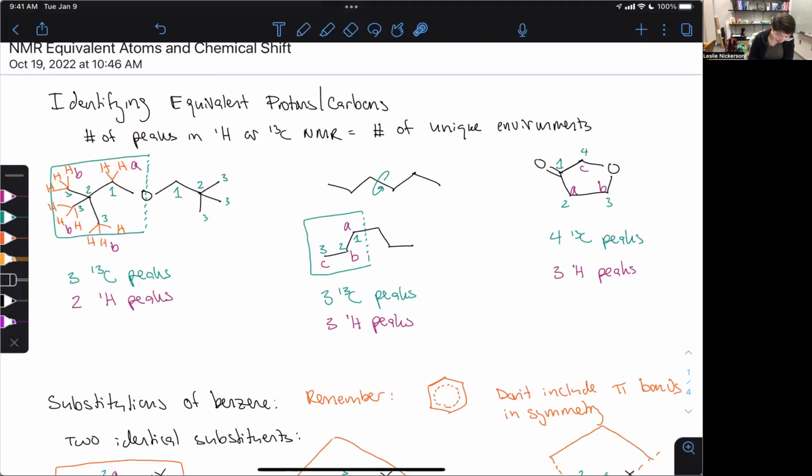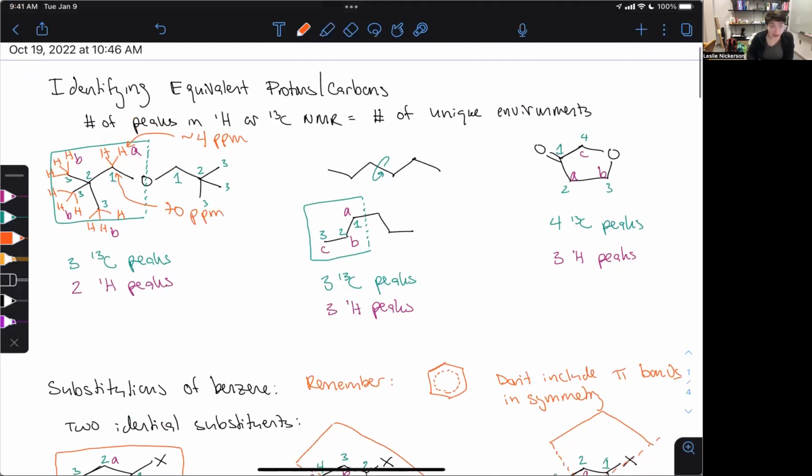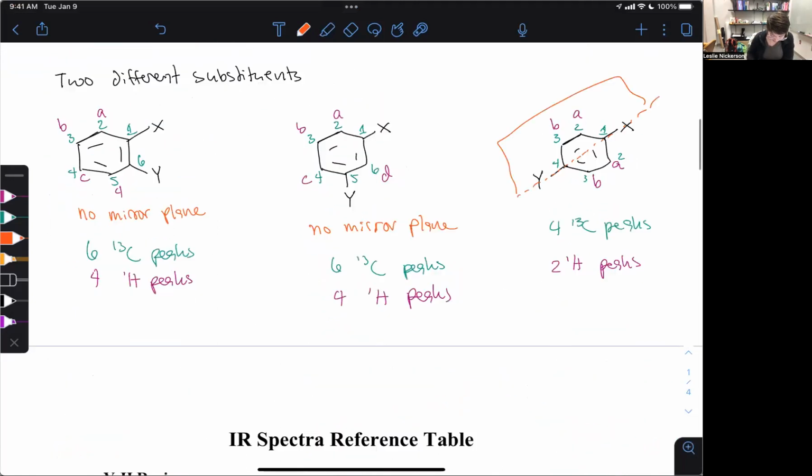So if we're looking at this, this is a C connected to an O, and these are H's that are alpha to O. So these H's would be around probably 4 ppm, and the carbon would be around 70 or so. Okay, and I have those memorized, but you don't need to.